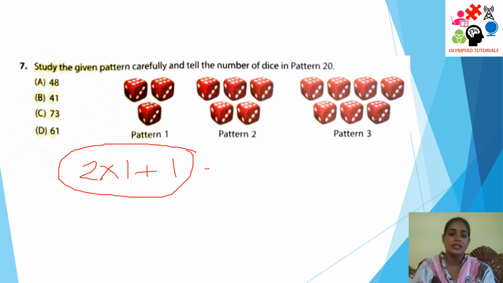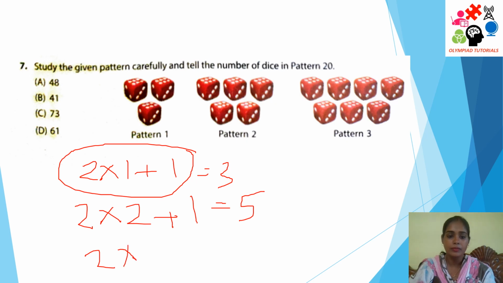So you get the answer 3. In the second one, you can see 2 into 2 plus 1 will give you 5. Similarly for the third, 2 into 3 plus 1 is equal to 7.